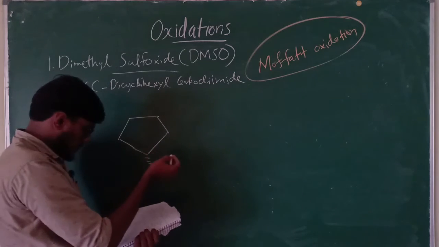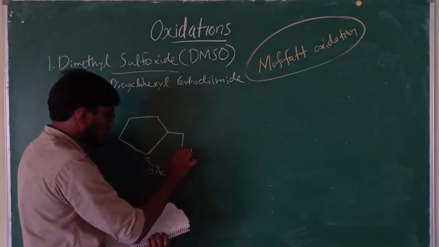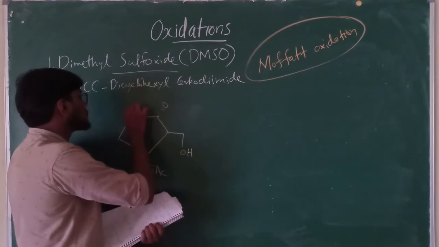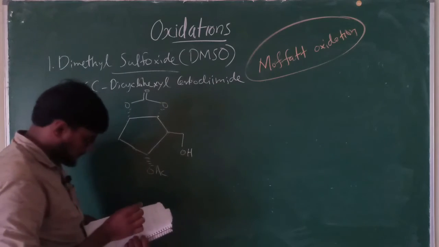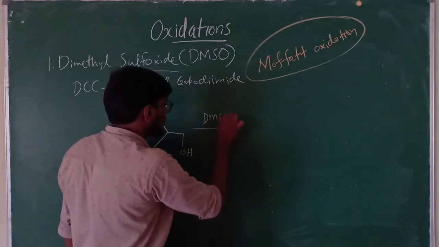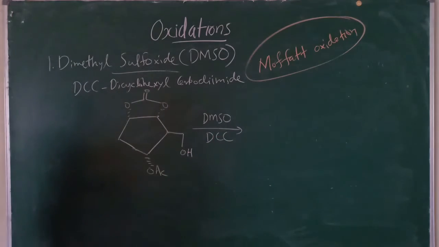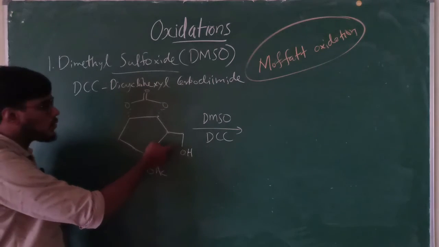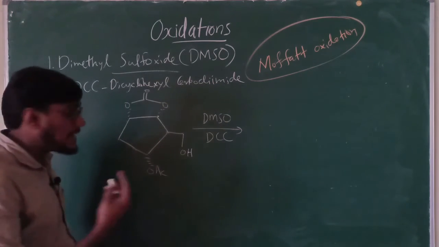This is OAc, then there is an alcoholic group, an OH group, then O, then O, C double bond O. Then on reaction with the DMSO, dimethyl sulfoxide, and dicyclohexyl carbodiimide, the product will be like this: here is a primary alcoholic group, which is oxidized to aldehyde.